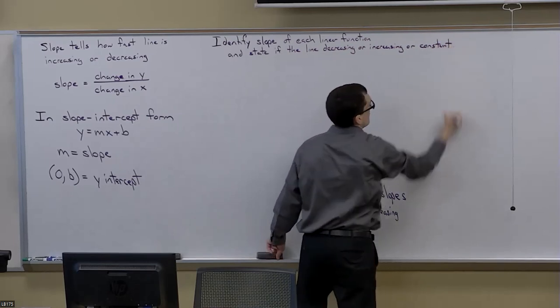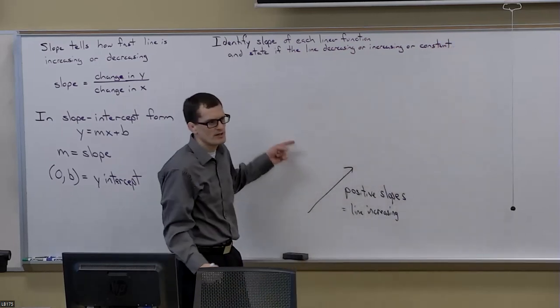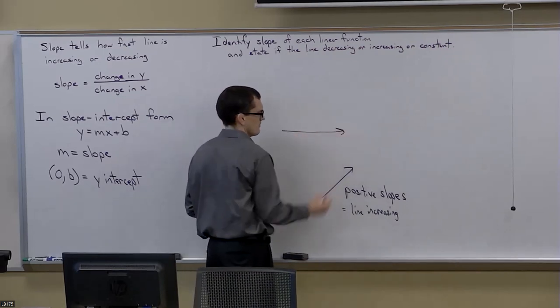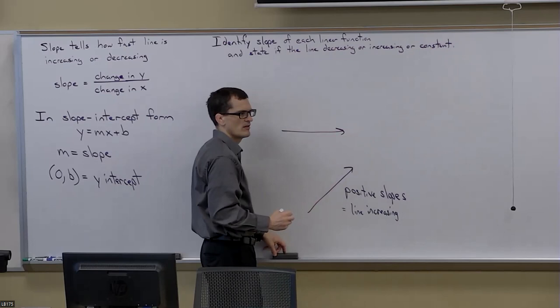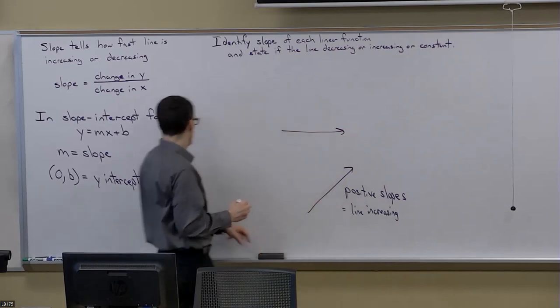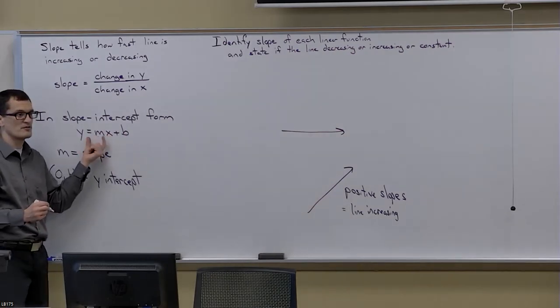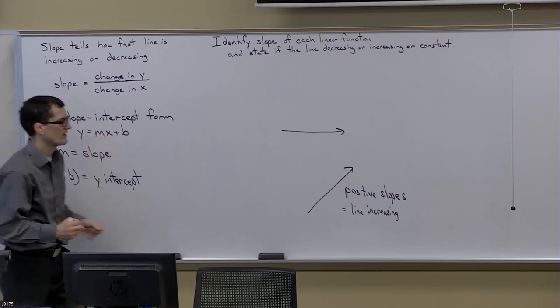By the way, when would we get a constant slope again? What would that mean? Constant. It's just like y equals 3 or something. Exactly, like y equals 3. And in this equation, what would that mean for the m? That the m was essentially 0. This term goes away. All right.